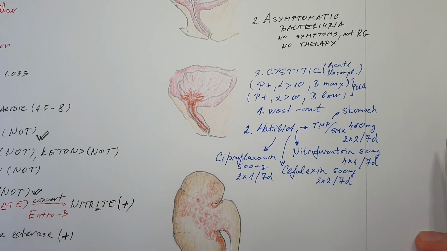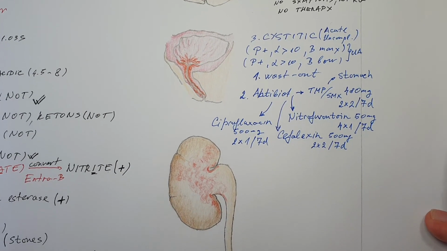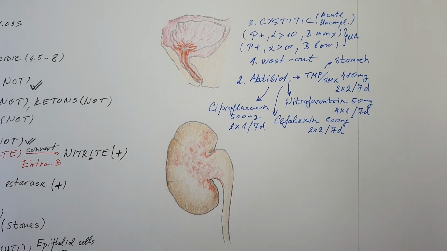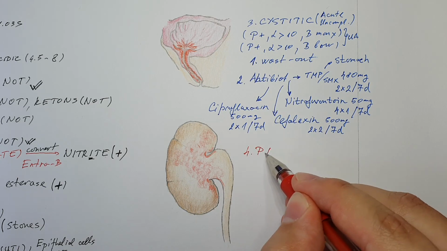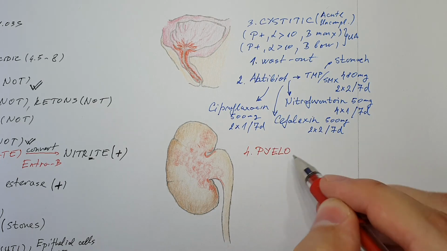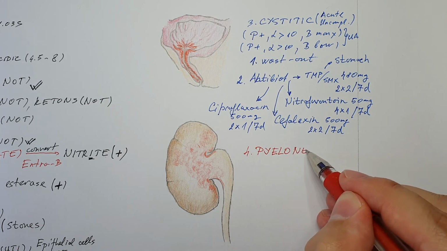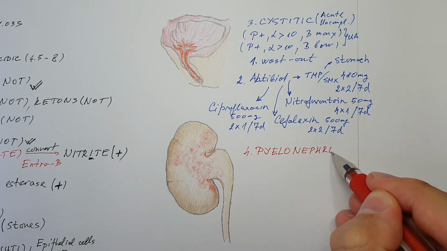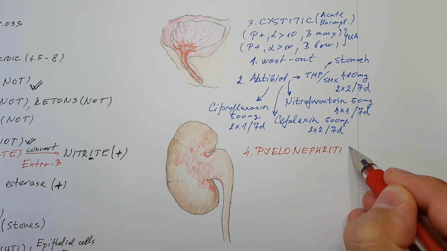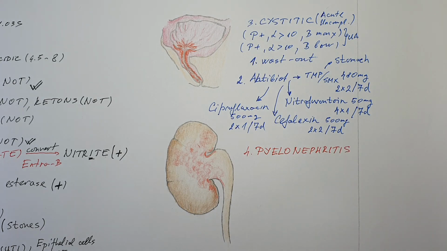Now, the last and more serious infection, that not everybody can treat and that needs to be looked at by a specialist, by a urologist, is pyelonephritis. Pyelonephritis is, in simple terms, an infection of the kidney.